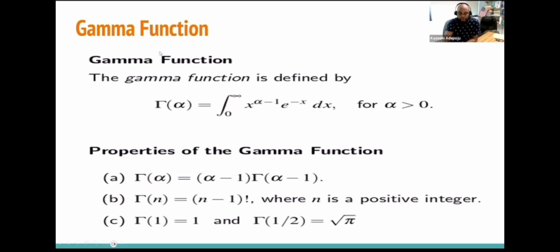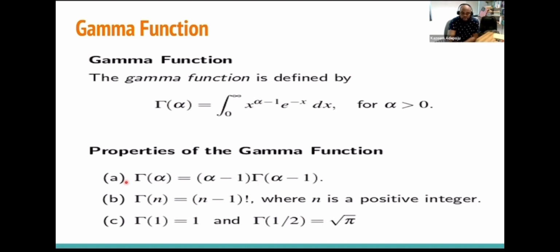We have two definitions of the gamma function: the integral definition and the non-integral definition. If you take a look at this, this is the integral definition of the gamma function. If I have gamma of alpha, it can be expressed as that, where alpha is going to be greater than 0.